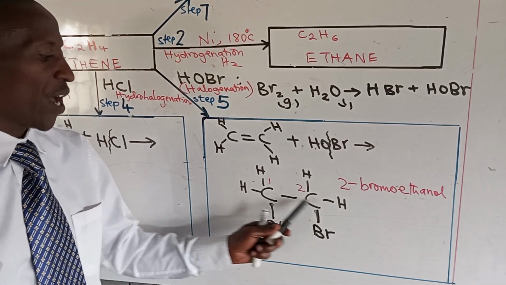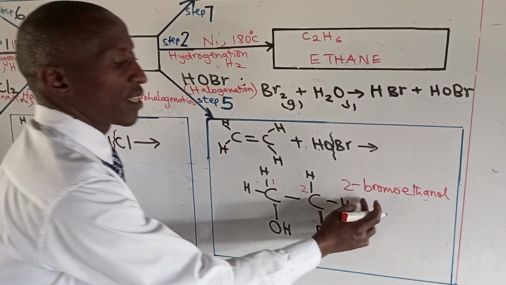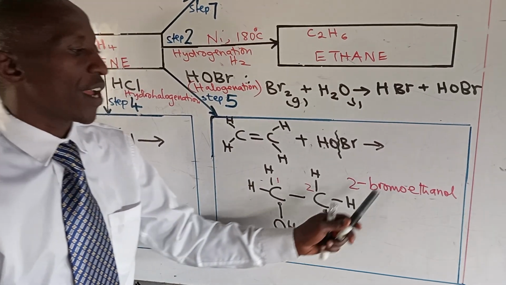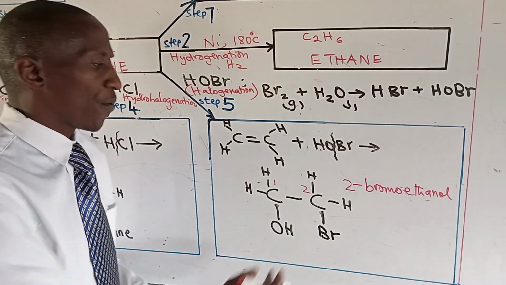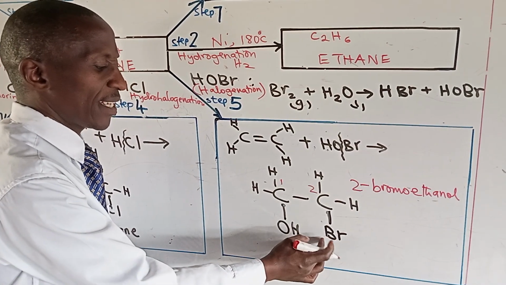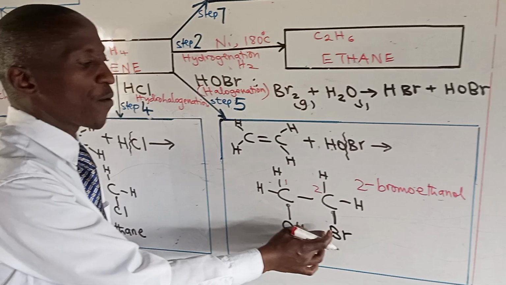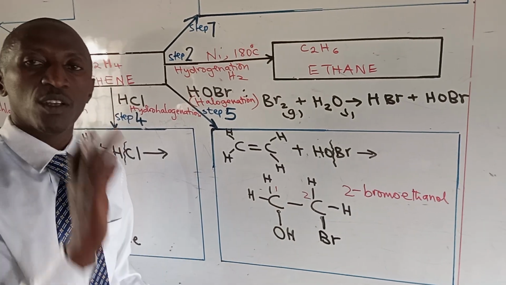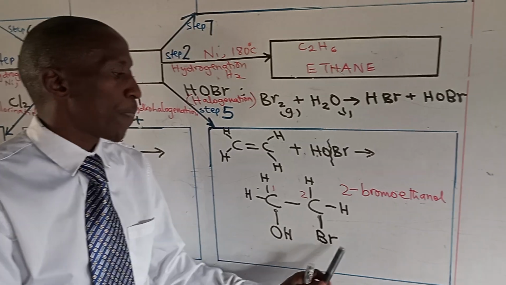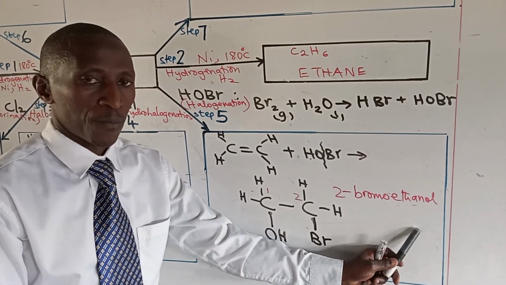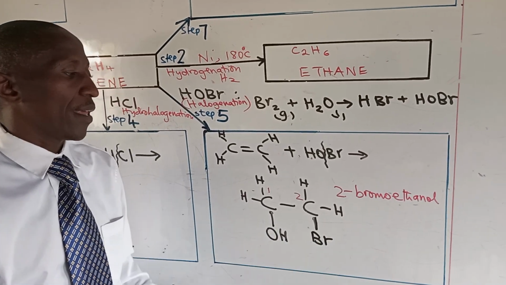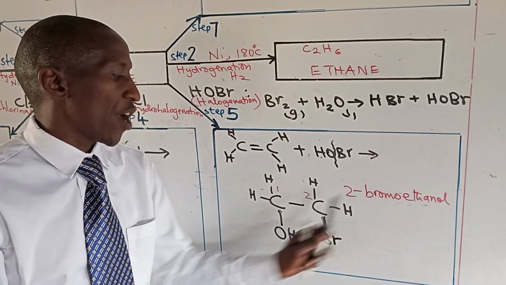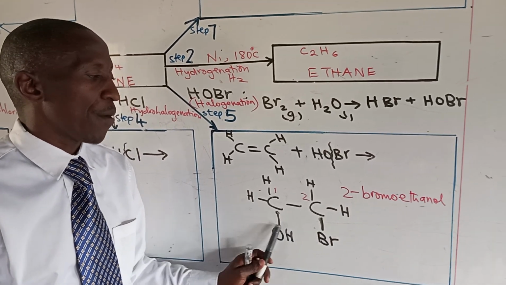But since we have only 2 carbons, this will be enough to call this 2-bromoethanol. Now, the 2 is, as I had said earlier, signifying the position of bromine is on carbon number 2 and not on carbon number 1. So it would be wrong for us to call this bromoethanol, because the bromine is not on carbon number 1. It is the OH which is on carbon number 1.